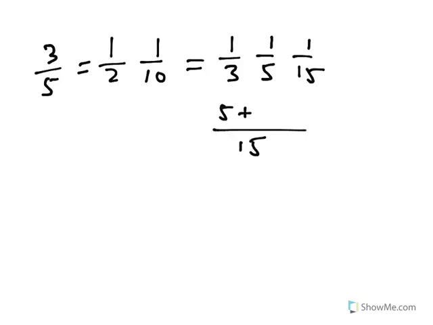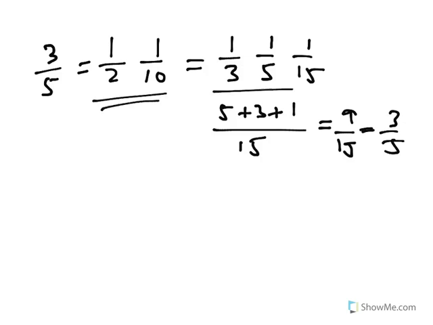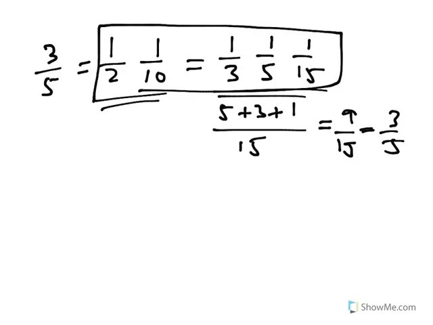This would be 5, 3, plus 1, which is 9 over 15, which is 3/5. So it's not even unique, which makes it even more complicated. The Egyptians, though, because this was their system and they got used to it, would just know right away when they saw these two things that 1/2 plus 1/10 is equal to 1/3 plus 1/5 plus 1/15.